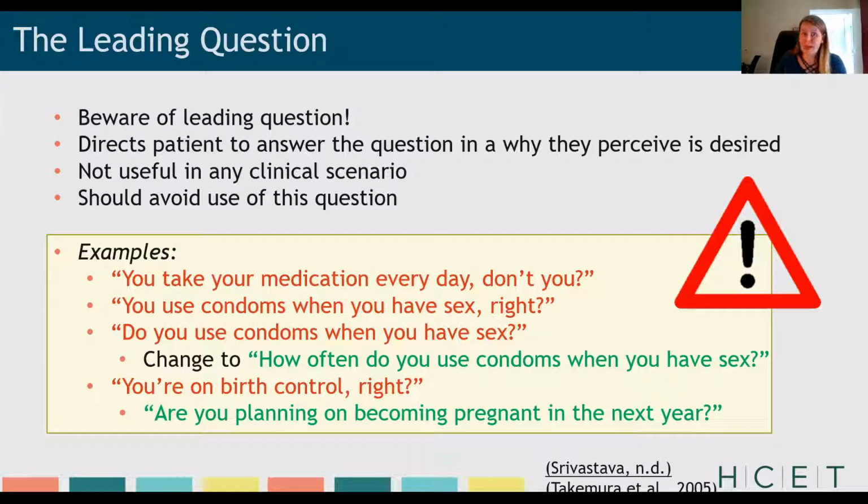They're pretty knowledgeable of how to prevent STDs, and I would argue it's universally known that condoms reduce your risk of STDs. So me asking, do you use condoms when you have sex? The perceived best answer would be, oh, yes, I do, even if that person doesn't.